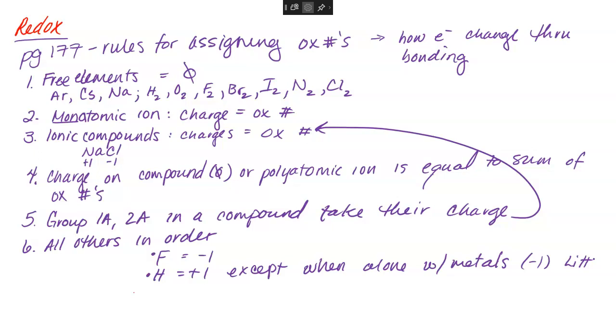Hydrogen takes the -1. Oxygen is -2. Except for peroxides like K2O2, this is +1 because that's the previous rule and has priority. That makes oxygen equal to a -1. And that's potassium peroxide, like hydrogen peroxide.